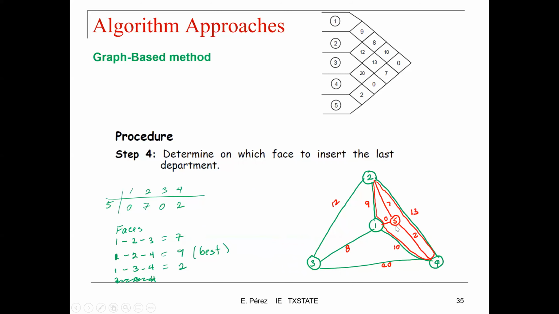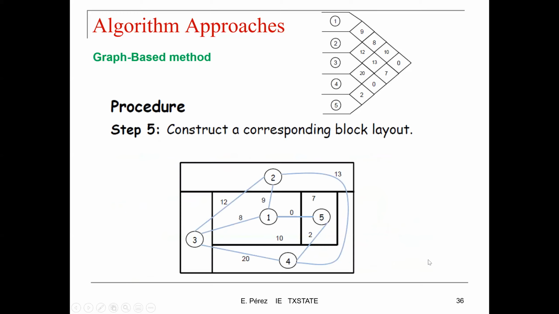So in this case, you see 5 is in between 1, 2, and 4. So the department is close to 2, 1, and 4.